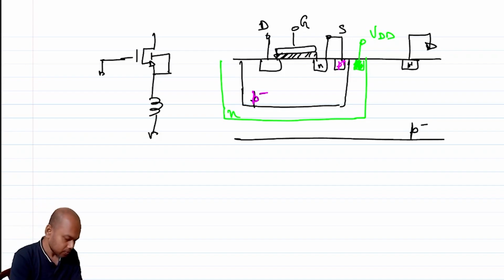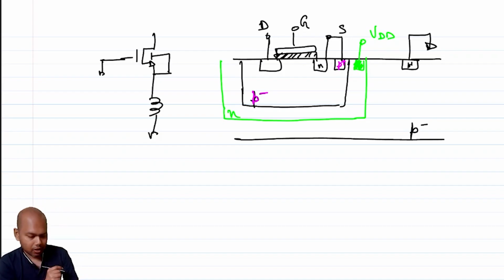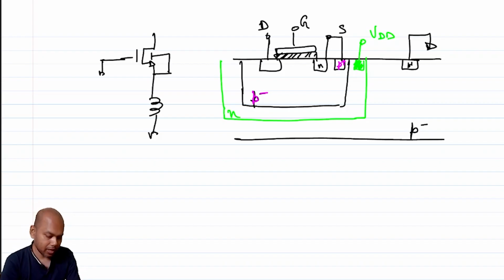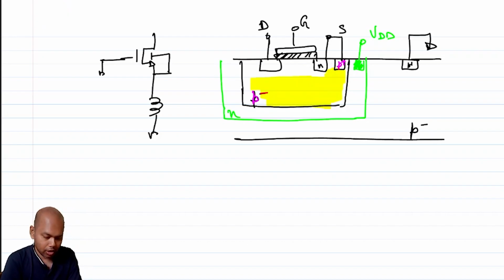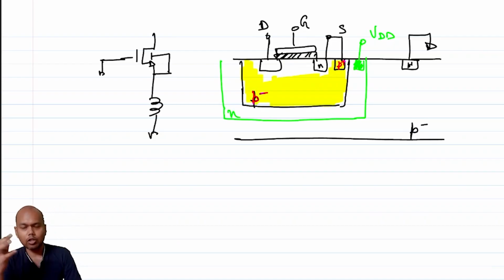Okay. So now, can you comment on this entire yellow tub? Is this yellow tub now at a constant potential, or is it also swinging?